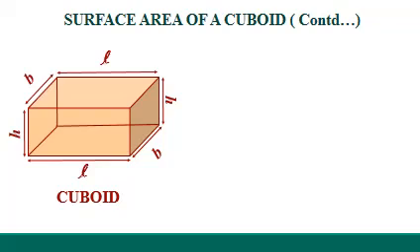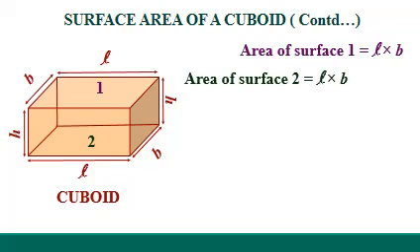So, area of surface 1, which is the upper one, can be written as length multiplied by breadth, because the upper surface has only two dimensions, length and breadth. Now let's focus on the second surface, which is the lower one. The lower surface also has only two dimensions, length and breadth. So area of surface 2 is equal to length multiplied by breadth.